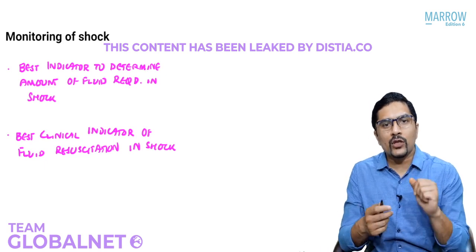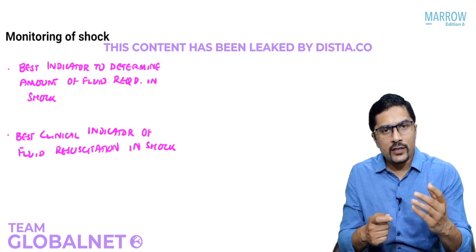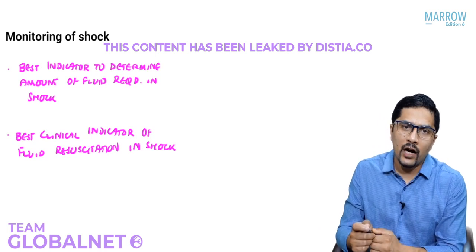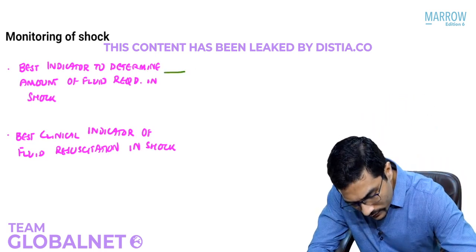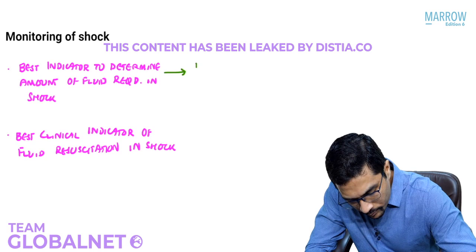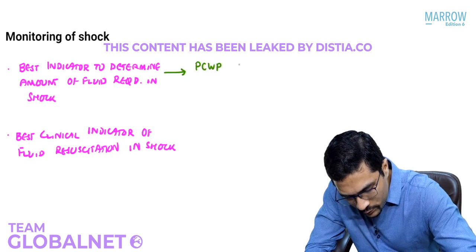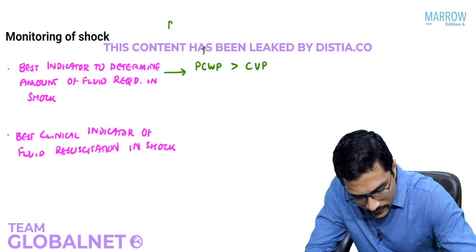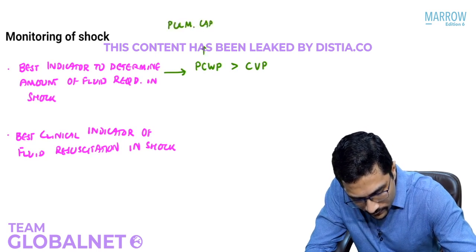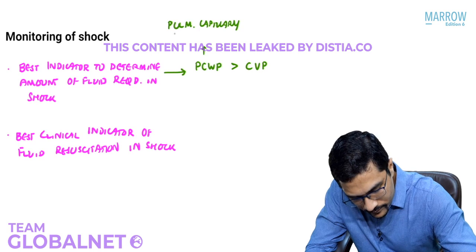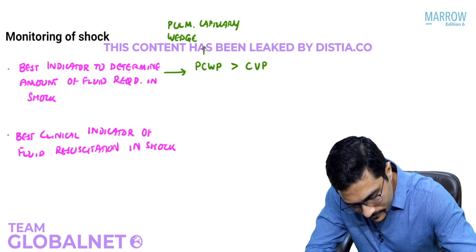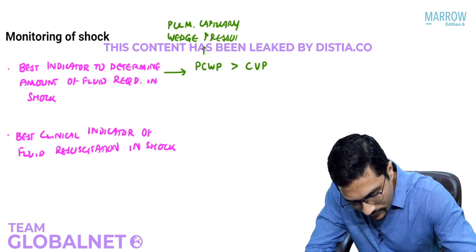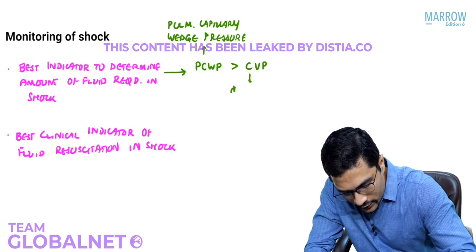So I hope you've understood the two questions. Now the first question is how to initially determine how much fluid to give. There the answer is pulmonary capillary wedge pressure, which is a better answer than CVP. CVP, all of you know, is central venous pressure.